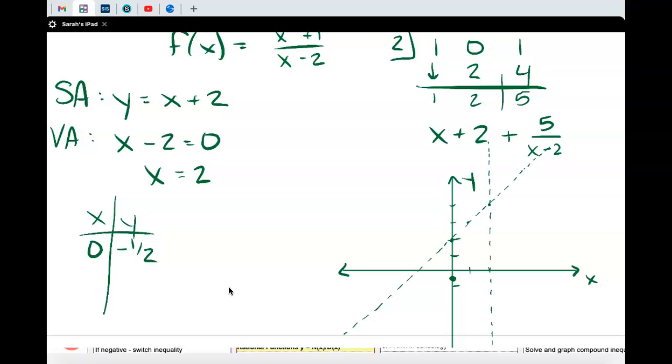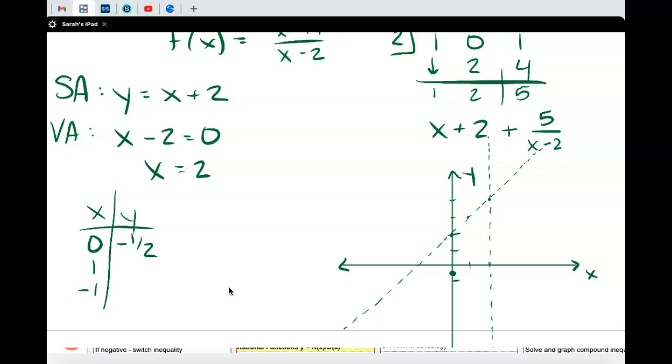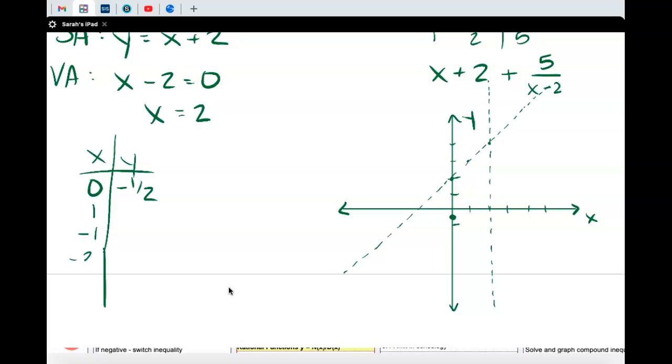Okay, let's do 1 and negative 1. Then we're going to have to pick points on the right side of 2. I feel like we should all do 1 again like we did yesterday. Lisa chose 1. Millie's doing negative 1. Kayla. Haley. And Maddie got negative 5, like yesterday.